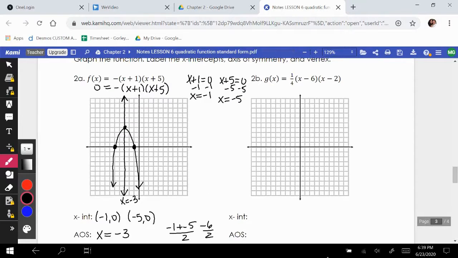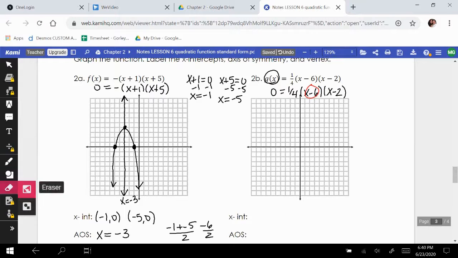Same thing over here. Let's start with x-intercepts. Remember, in order to get an x-intercept, we plug in 0 for y and we try to solve for x. In order to get a product that's equal to 0, one of these factors has to be 0. Either x minus 6 is 0 to get a product of 0, or x minus 2 is 0 to get a product of 0.